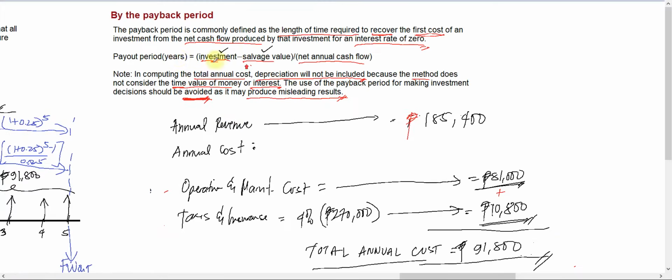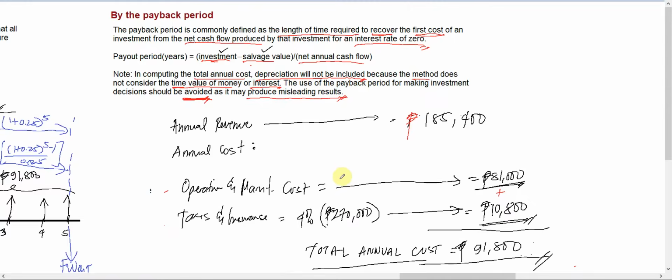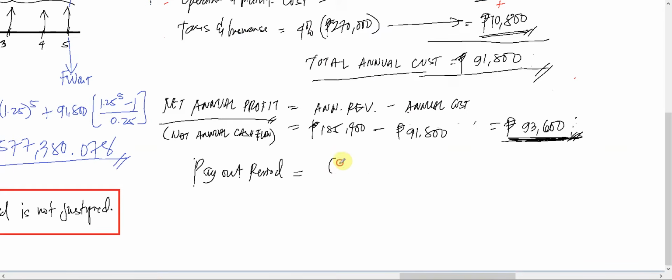Then, applying this formula, payout period is equal to investment minus salvage value all over net annual cash flow.